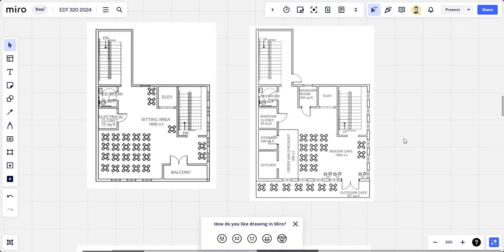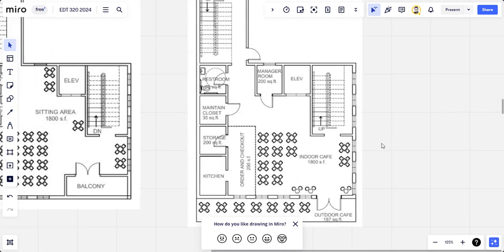Moving on to this one. Customers will have to go here and order. So if this is the ordering area, I don't know how far the counters are. If the counters are over here, you need to put space for people to walk and move about here.